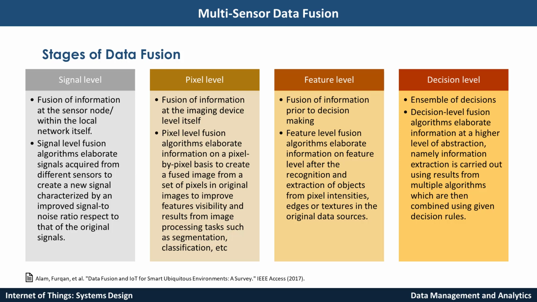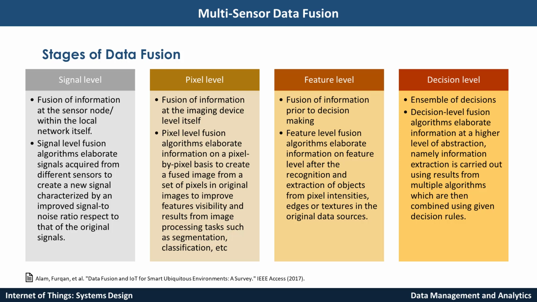In pixel level fusion, what they're trying to do is highlight some of the features in the signal. So here they put an example related to computer vision, but it could be any type of signal. What they're trying to do is highlight some part of the signal.